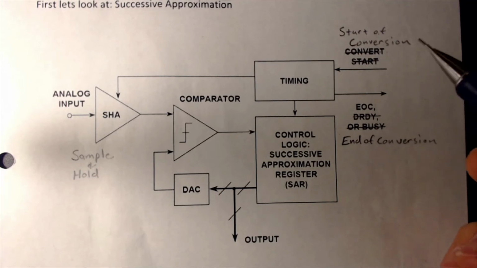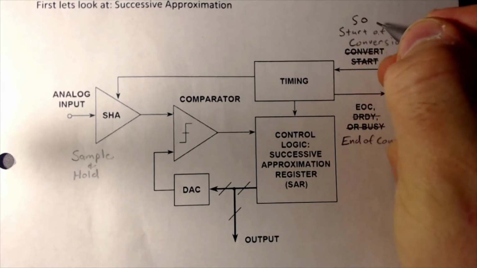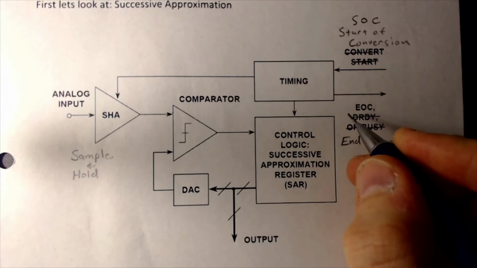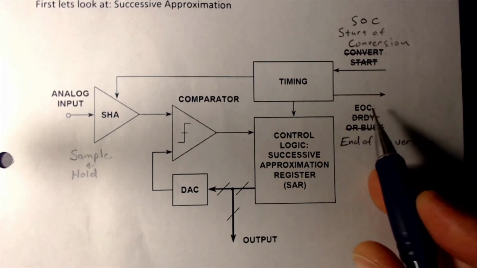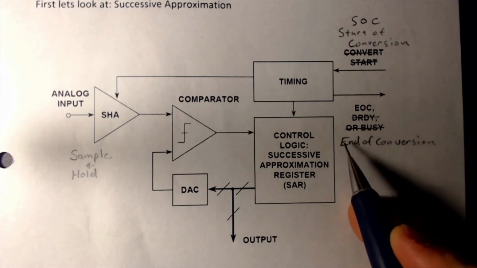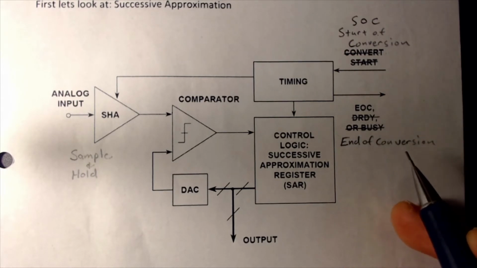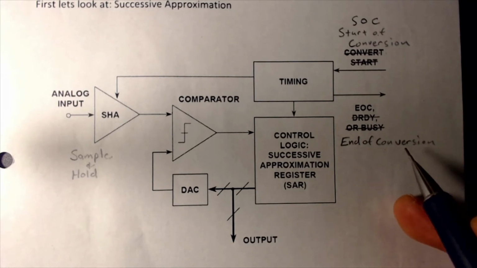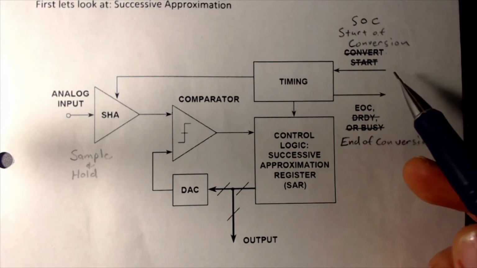I'm referring to those as the start of conversion, or SOC, and the end of conversion, or EOC. The end of conversion is just one digital logic signal to let us know the conversion is done and that our converted value in digital is ready to be taken. And we also have this input to begin the conversion.